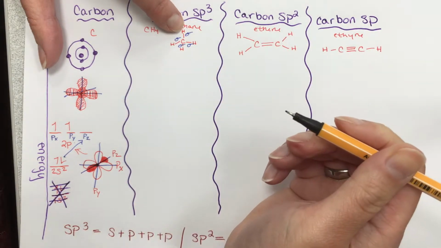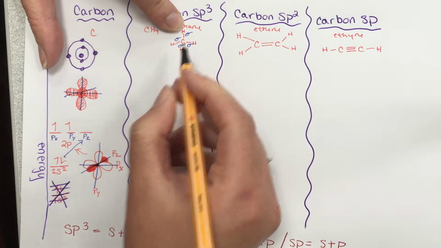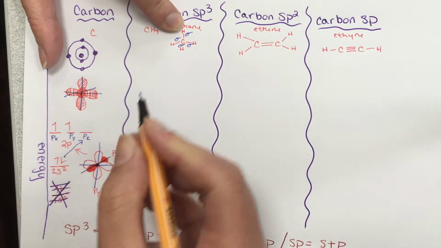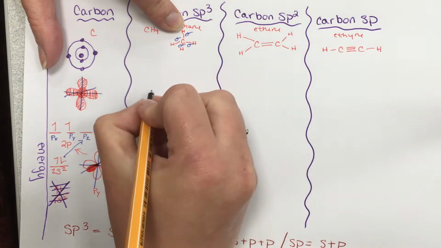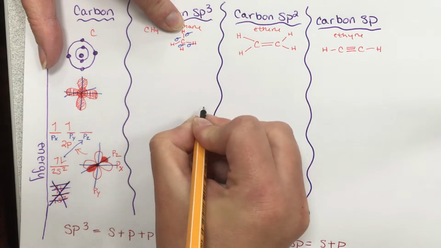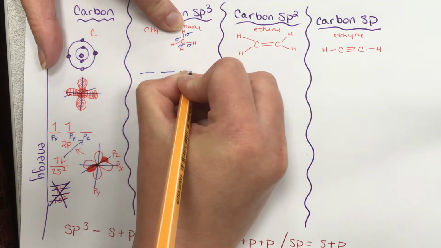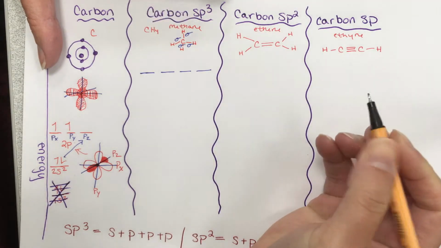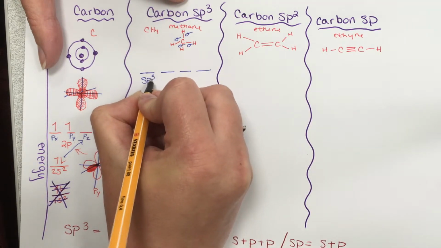Sigma bonds cause hybridization. Since there are 4 sigma bonds here, we have 4 orbitals. So they're going to cause 4 identical orbitals. Instead of an s and then 3 p's, we will actually have 1, 2, 3, 4 identical orbitals, and each of them will be sp3 hybridized.